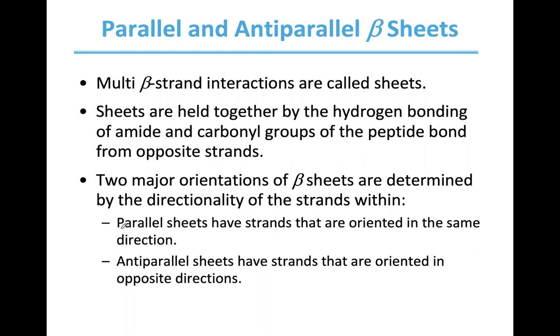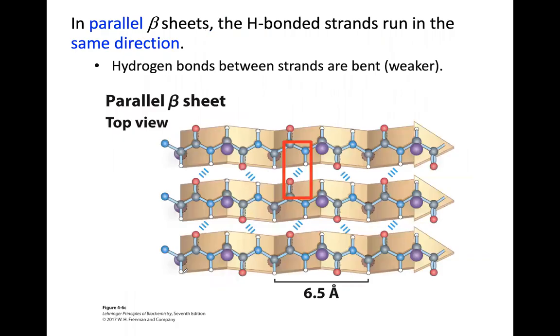Okay, so here, what we need to look at is parallel and antiparallel. So this will be parallel. And parallel will result from some kind of disorientation. Let's say you go this way, then some kind of random coil comes back and goes in the same direction as the original strand.